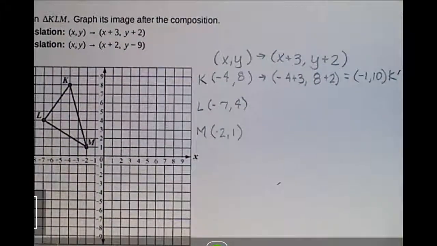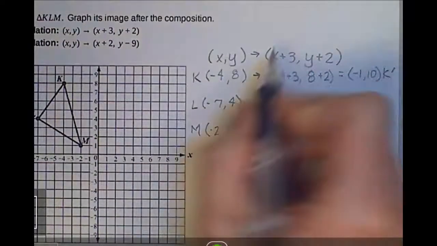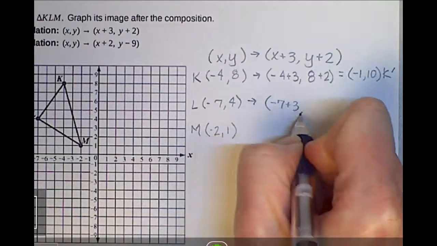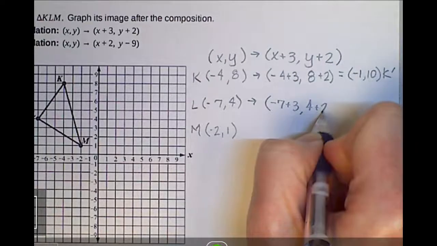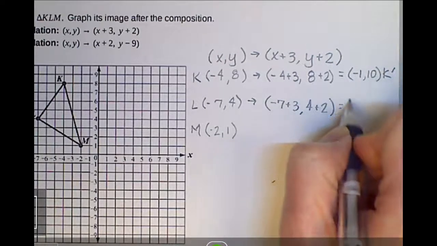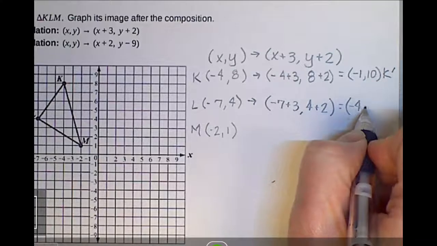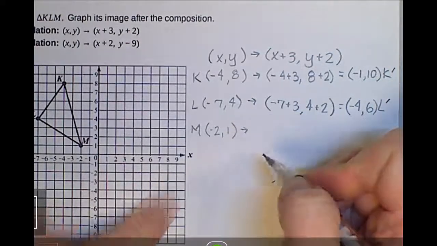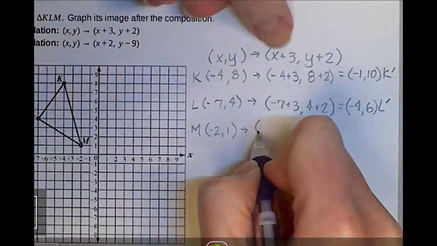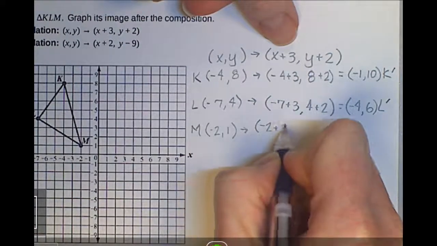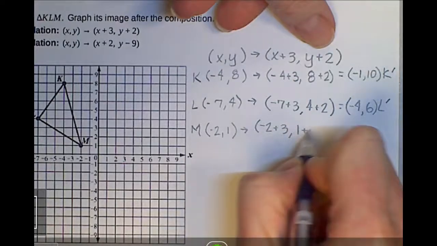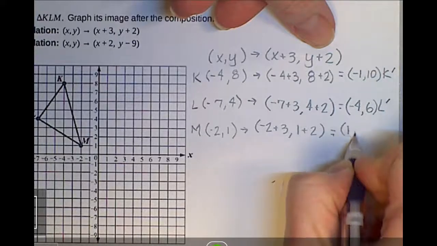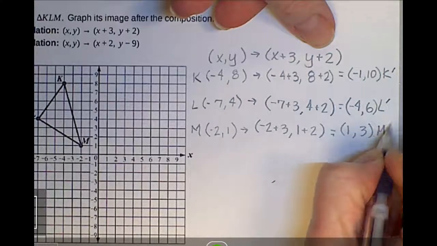Let's do the exact same process for L. We have negative 7 plus 3, 4 plus 2 equals negative 4, 6 for L prime, and then M comes from negative 2 plus 3, and 1 plus 2 gives us 1, 3 for M prime.